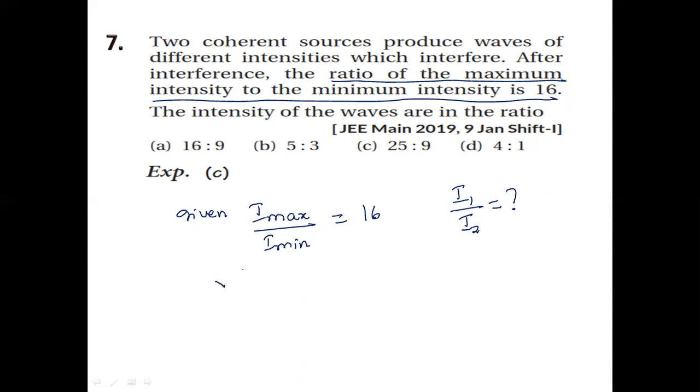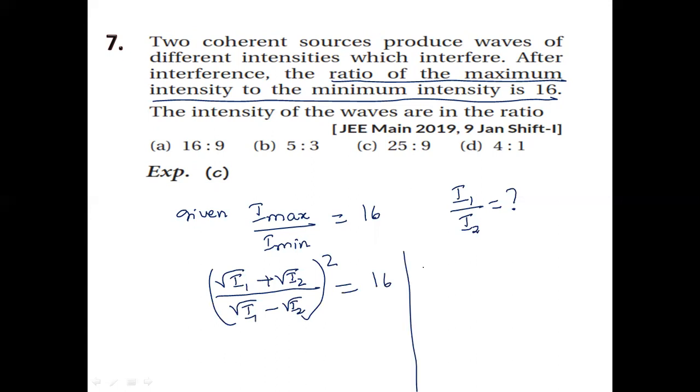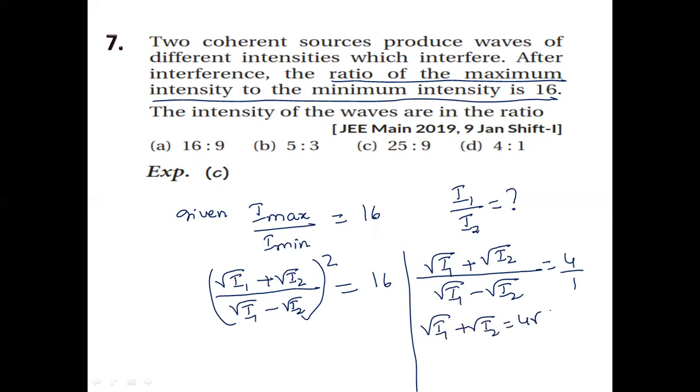I max means I can write root I1 plus root I2 whole square by root I1 minus root I2 whole square. So root I1 plus root I2 by root I1 minus root I2 is equal to 4 by 1. So root I1 plus root I2 is equal to 4 root I1 minus 4 root I2.